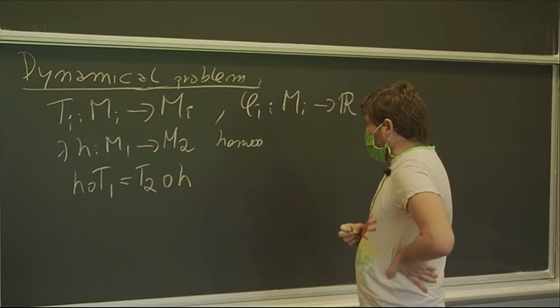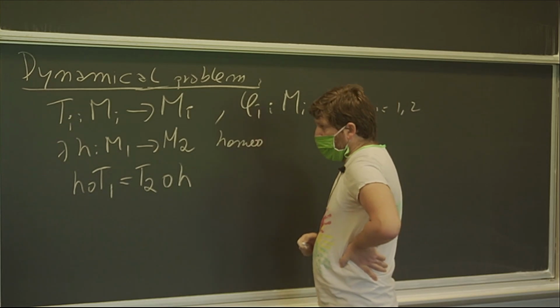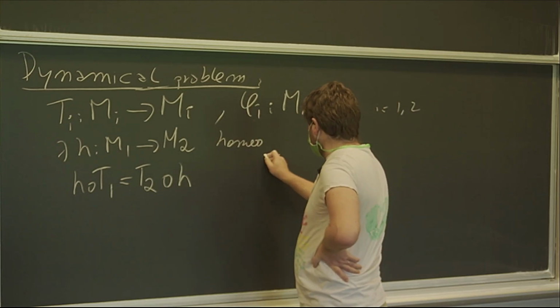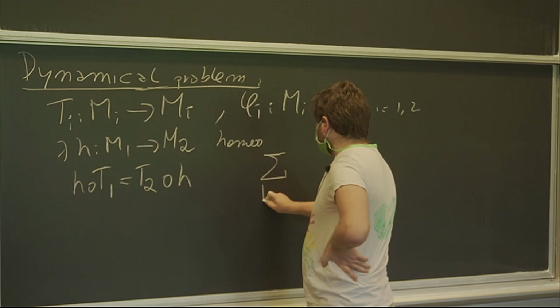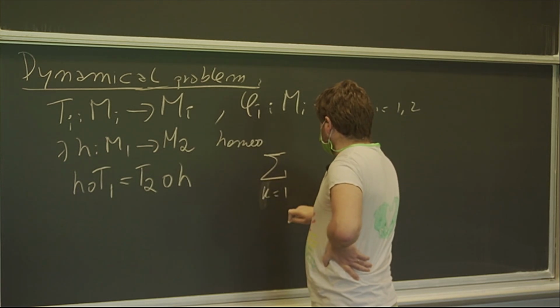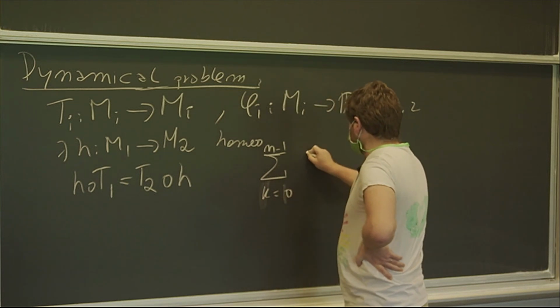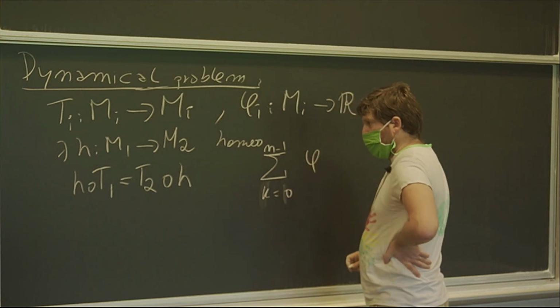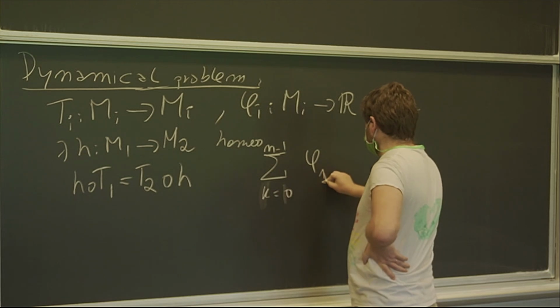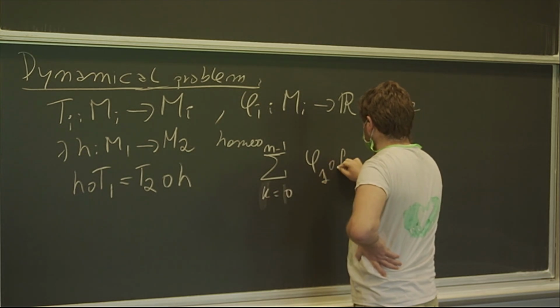And then the assumption on the phi i will be that if I take the sum, I have to be careful because I always mess up who is who.